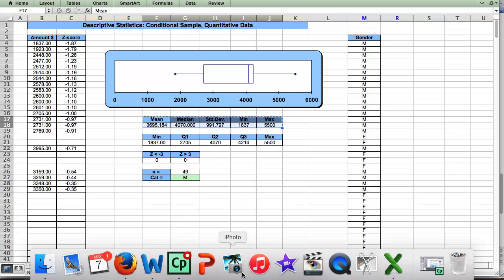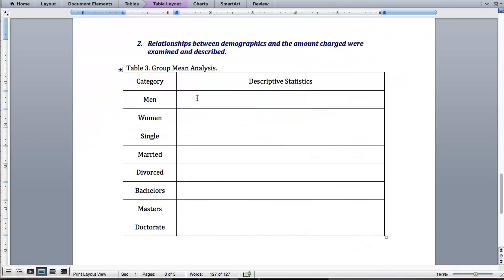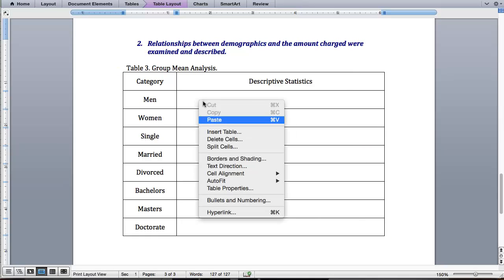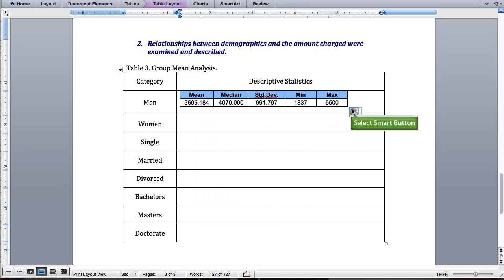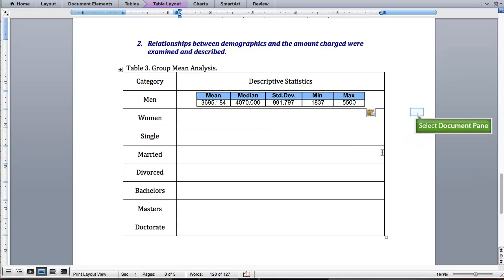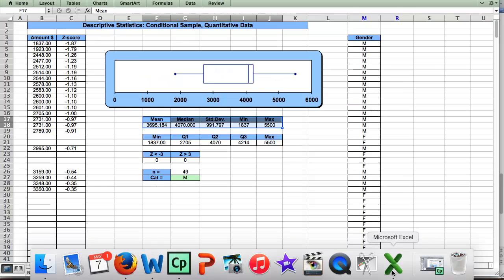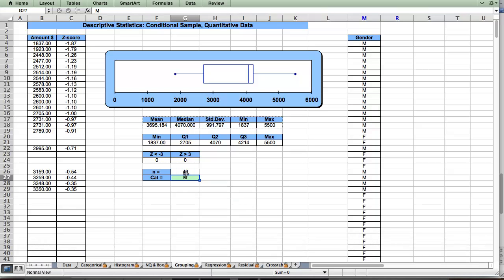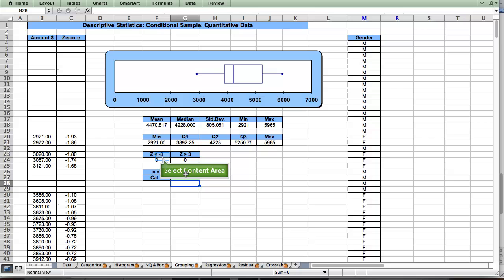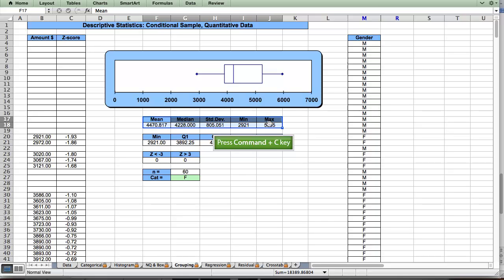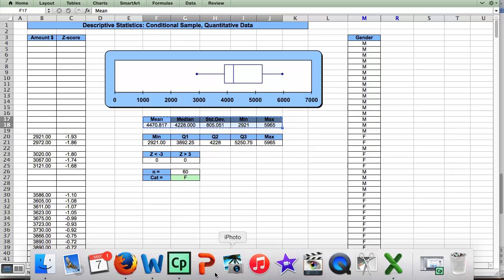So going back to our Word document, we could paste as a picture the descriptive statistics for men. And we can repeat this for women. So no strong skew, no clear outliers according to the z-score. I can capture my descriptive statistics and paste them into my report.